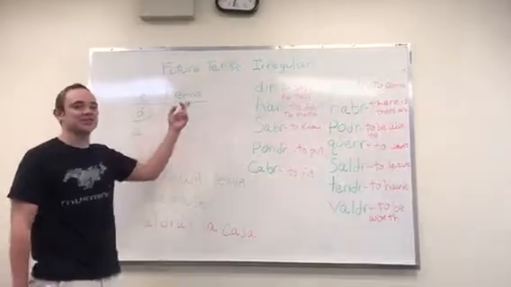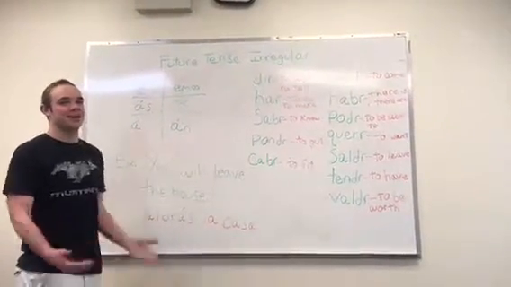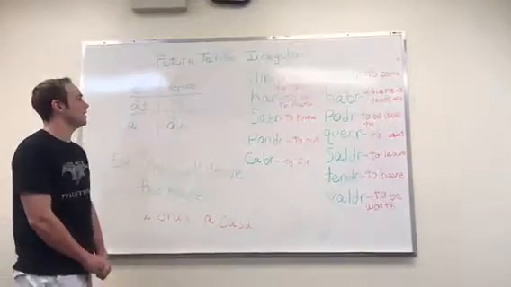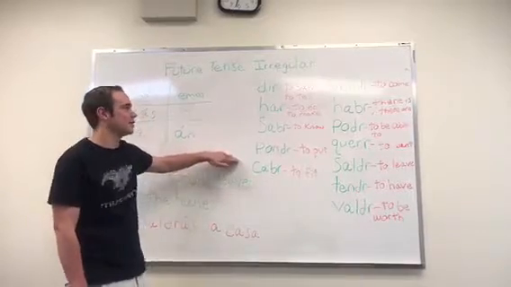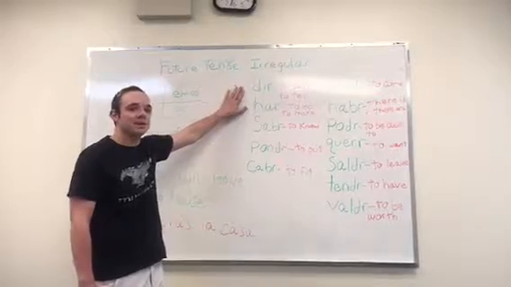So now I'm going to teach you the future tense irregular. Basically, it's the same as the future tense, and if you can't pick up on that, well, you have no hope. These are our irregular conjugated words in the future tense, and as you can see, they will always stay the same like this.